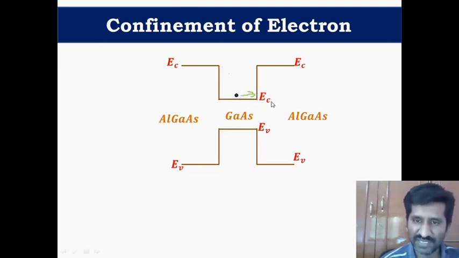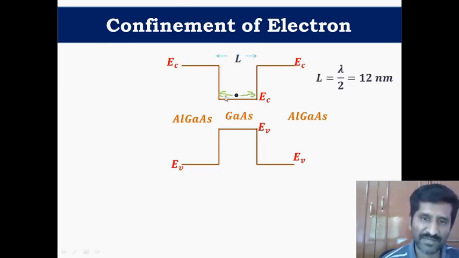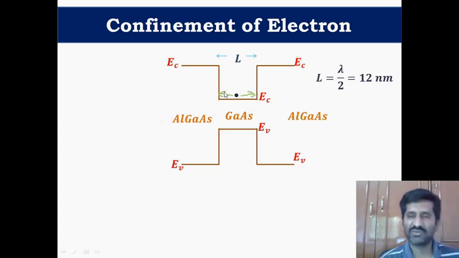At the interface of gallium arsenide and aluminum gallium arsenide, it finds a sudden rise in energy. That is why it cannot jump over it, so it will return back. Again it returns back. For confined motion, what we learned in the previous section is that the thickness of gallium arsenide should be in the order of lambda by 2, where lambda is the de Broglie wavelength of the electron.